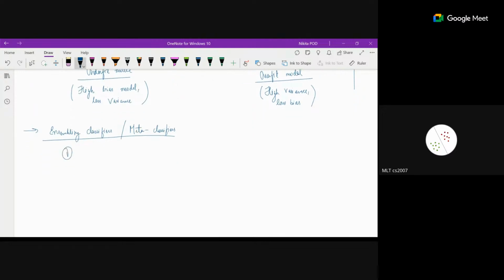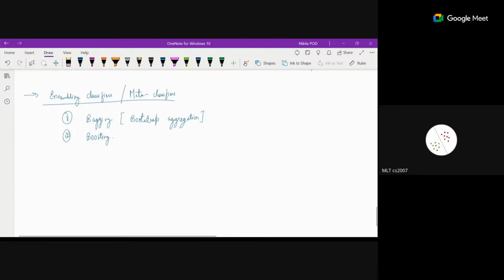One is what we call bagging, and the other is what we call boosting. Bagging is nothing but bootstrap aggregation. In boosting, we'll look at another algorithm later. So first, let's talk about bagging.